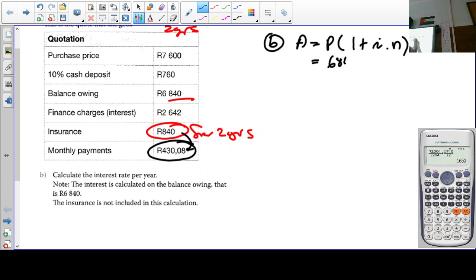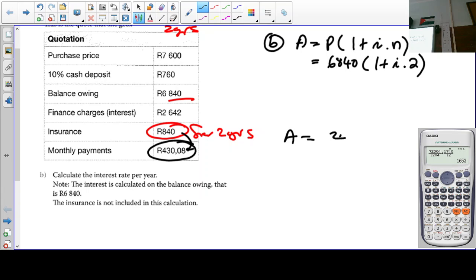So it's 6,840 into 1 plus. We are calculating i. And how many is this? 2 years. So we'll work out A as follows.